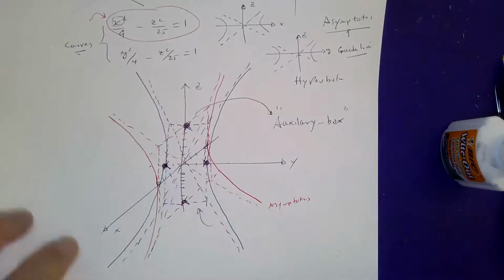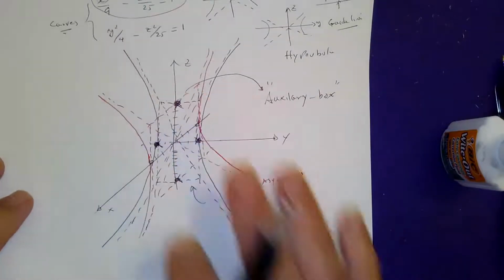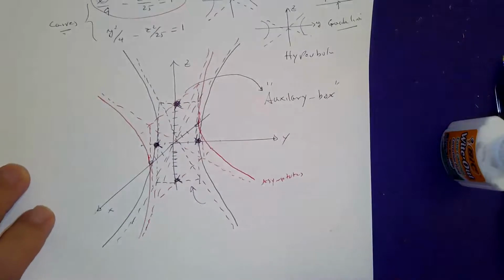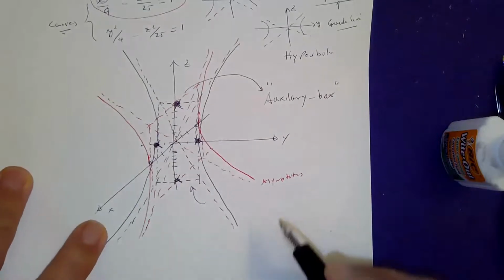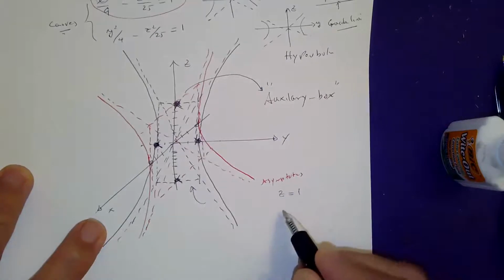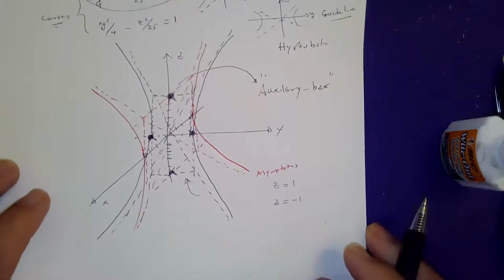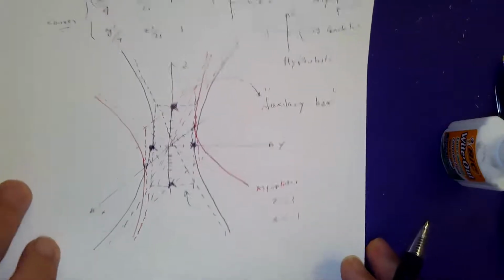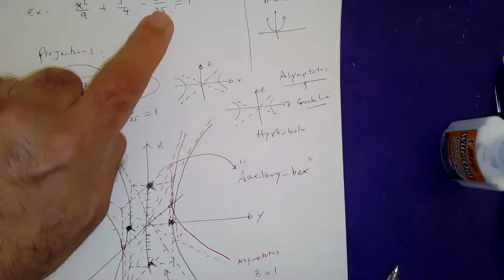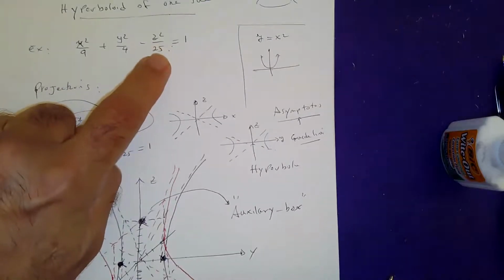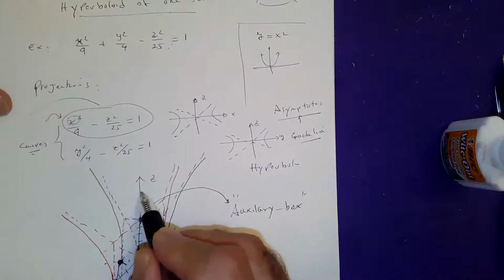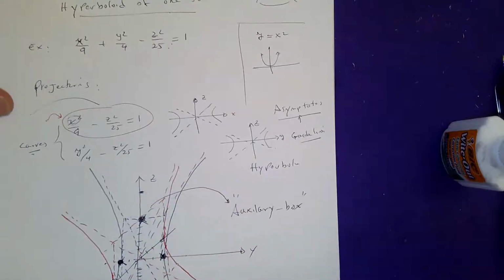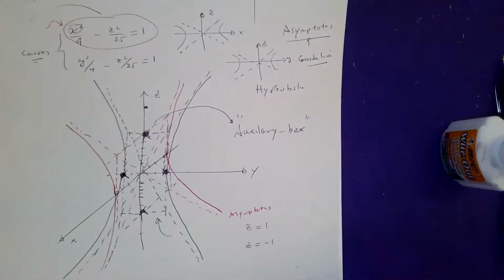Now I gotta what? Top these guys up. I gotta put a lid on these. So what do I do? I kind of sort of go, hey, what happens at z equal to 1 and z equal to -1? In other words, if I go back to the equation and replace the z with plus or minus 1, how would the intersection look? I'm just making that up.